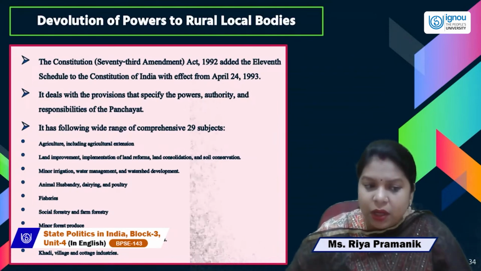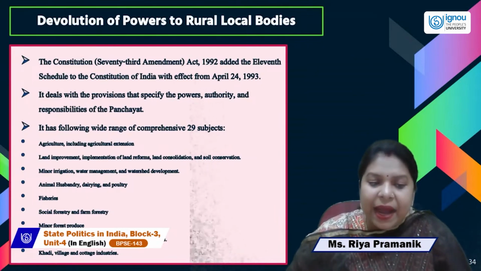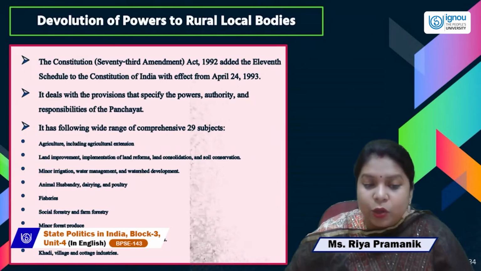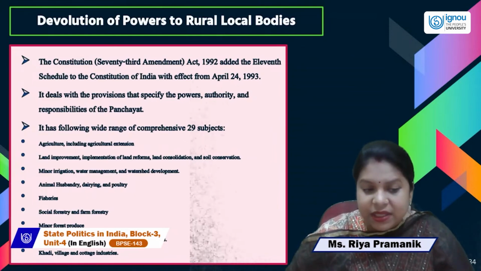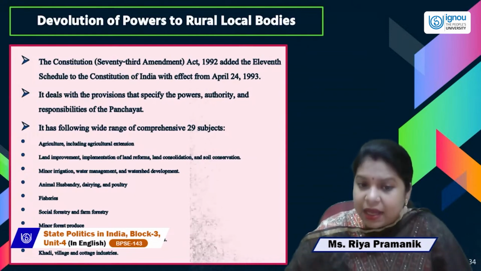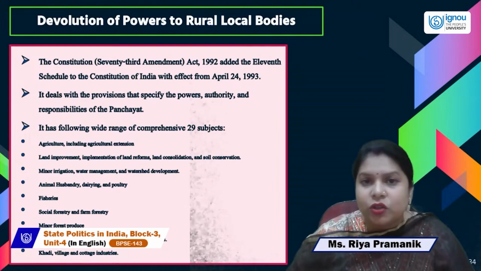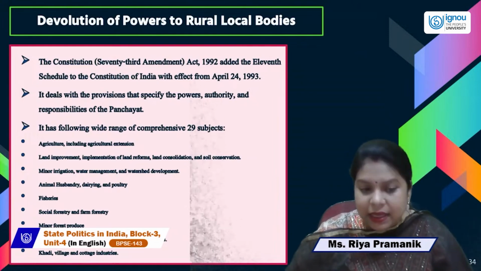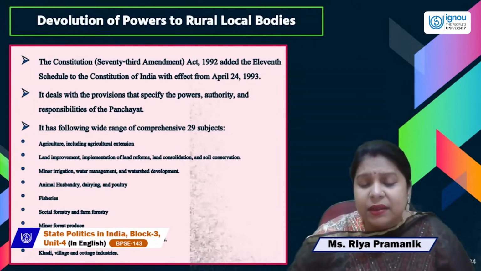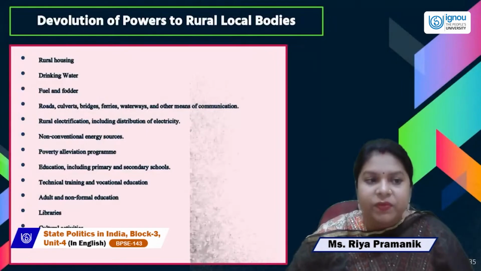Social forestry and farm forestry, minor forest produce, small scale industries, including food processing industries. Khadi, village and cottage industry is also a part of this, and this is very important because Mahatma Gandhi also talked about the importance of khadi and cottage industries. So in all these 29 subjects, this is also included.